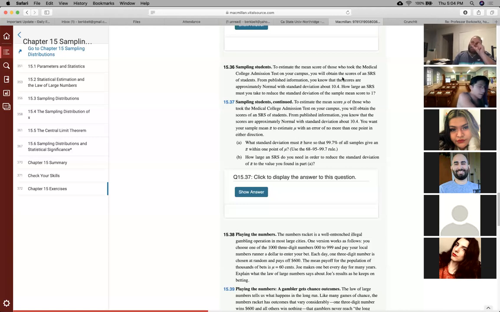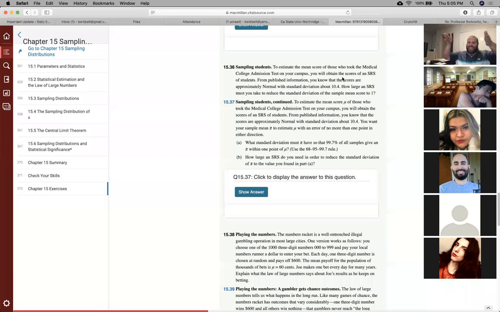And I want that to be so small that 3 of those give me what? 99.7%. No. 3 deviations will always give me 99.7%. That's a percentage, but I want 3 deviations to equal what? I want 3 deviations to equal 1, the number 1. It says you want to estimate it with an error of no more than 1.